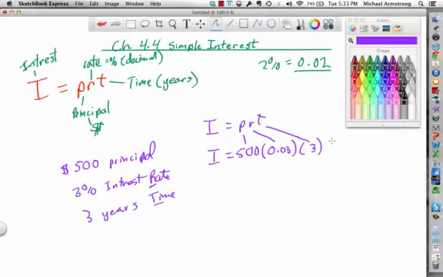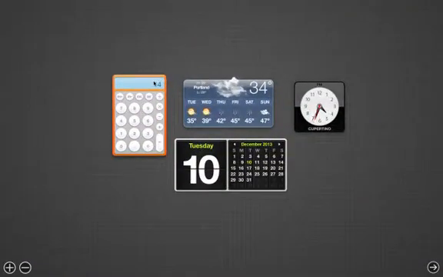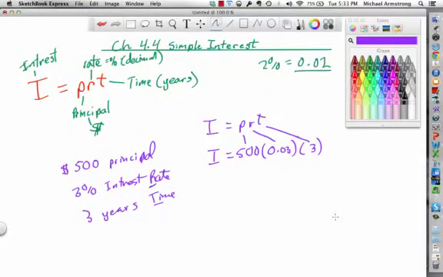And you just have to punch that into your calculator. 500 times 0.03 times 3 equals 45. So interest equals $45. And that's the interest that you make. So that's the first answer.